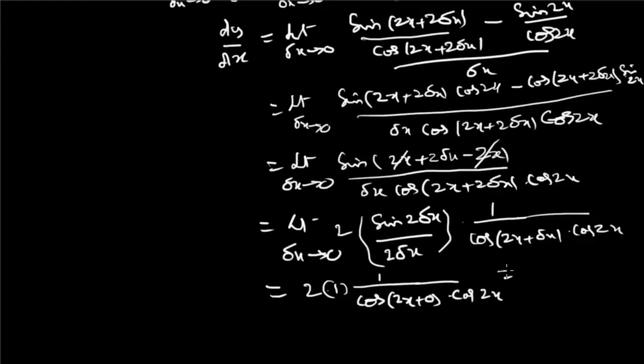And that is nothing but 2 divided by cos square 2x. And that is 2 into 1 by cos square 2x, is what? Secant square 2x. So this is dy by dx.